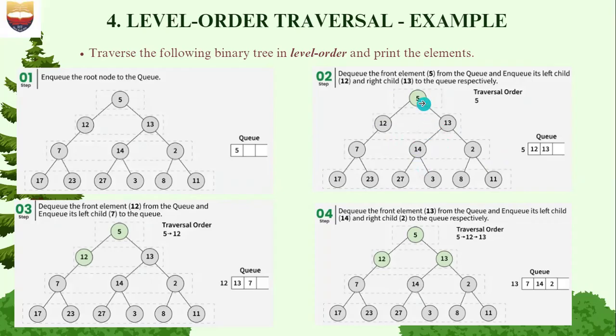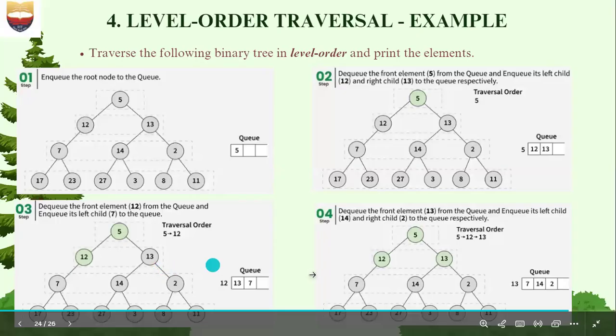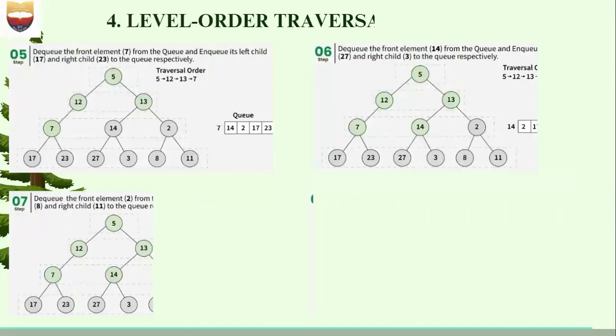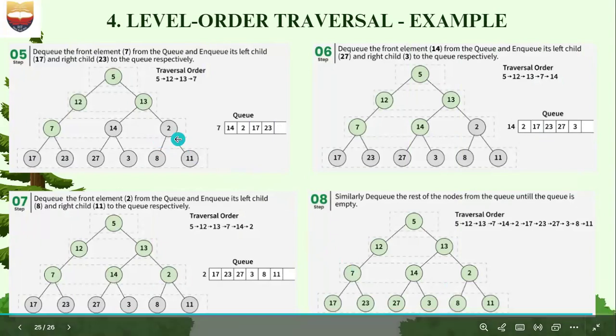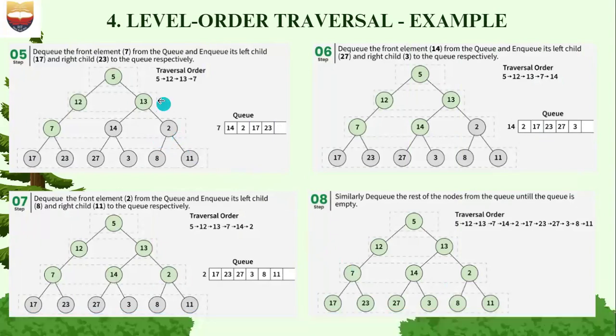Now we have completed up to 5 and next, 12 and 13. Okay. After completing 12 and 13, next we visit 7, 14, 2. And in this step, we have completed up to level 2.